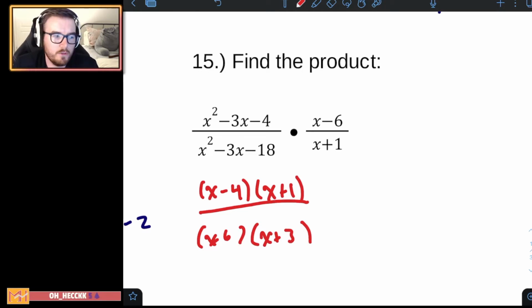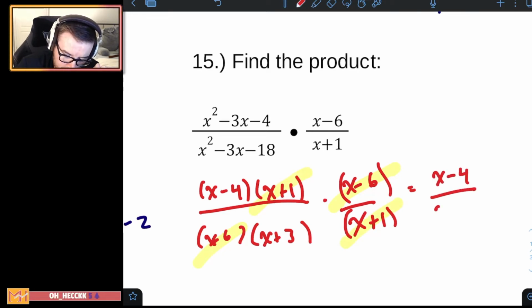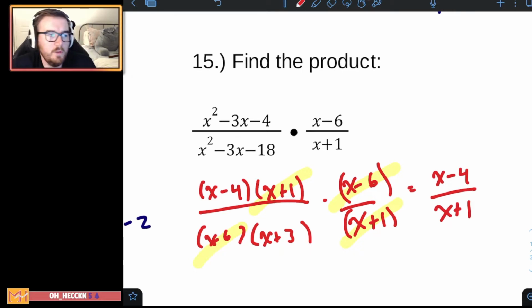Negative 6, plus 3, adds to be negative 3. Negative 6 times 3 multiplies to be negative 18. So, what factors are the same? This one with this one, and you're left with, boom, the following. Okay?